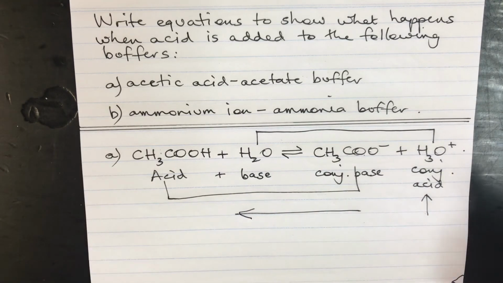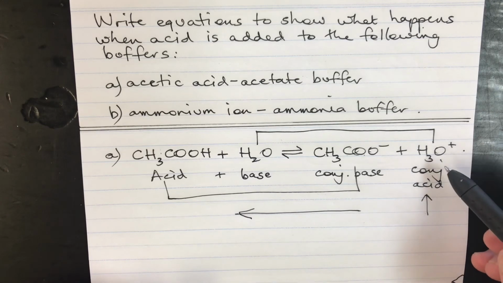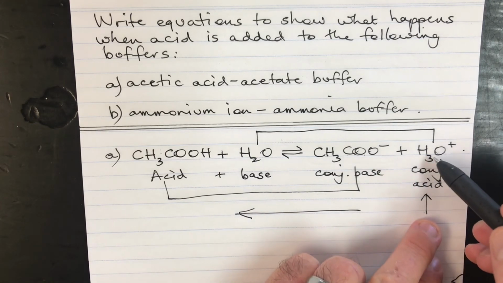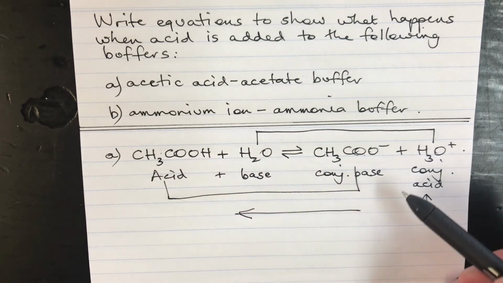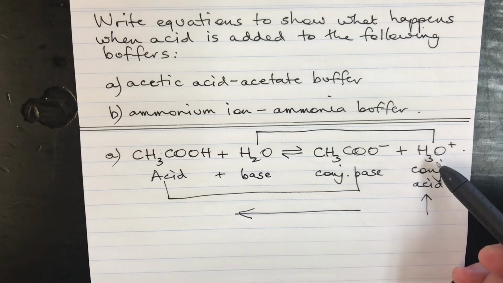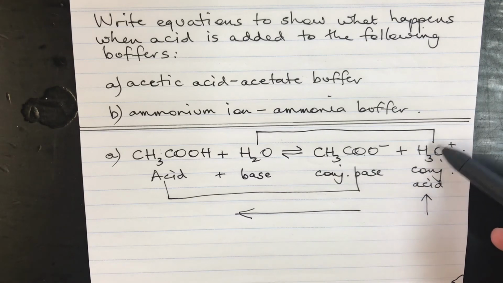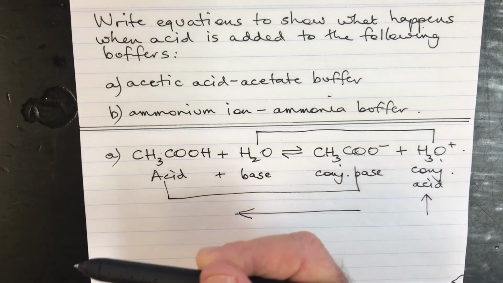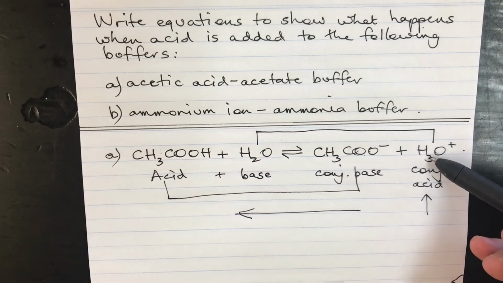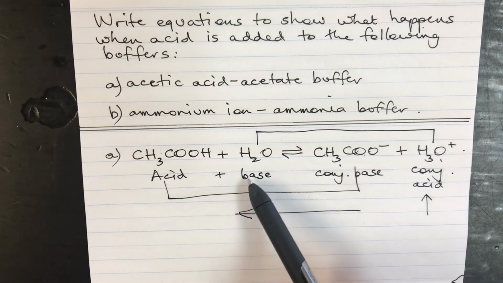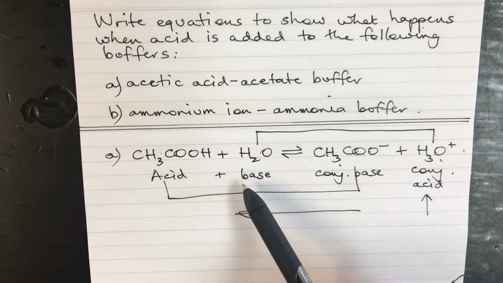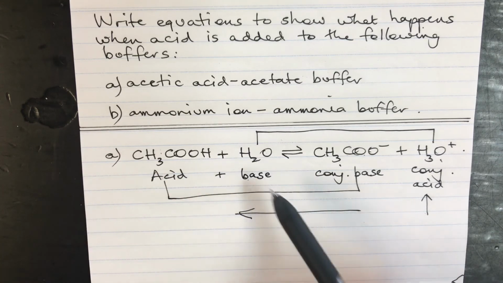Le Chatelier's principle says that if you stress a system, in this case add more acid, the system will shift in a direction that relieves the stress. You add more of this hydronium ion, the equilibrium will shift in a direction to use up that hydronium ion. So it shifts to the left to produce more acetic acid molecule and base.